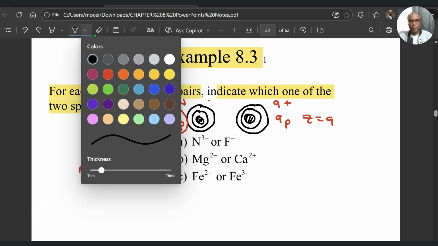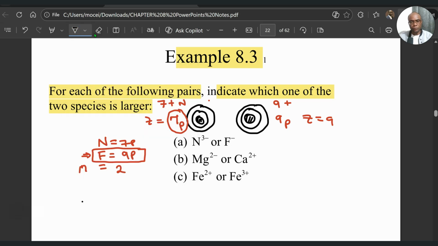Now let's consider the number of electrons. To justify this, nitrogen itself has 7 electrons. It gains 3 more to give you the nitride. This gives you 10 electrons. Fluorine itself usually has 9 electrons.